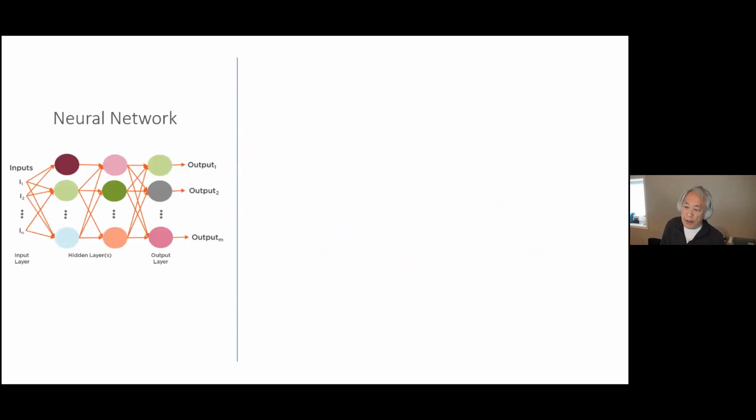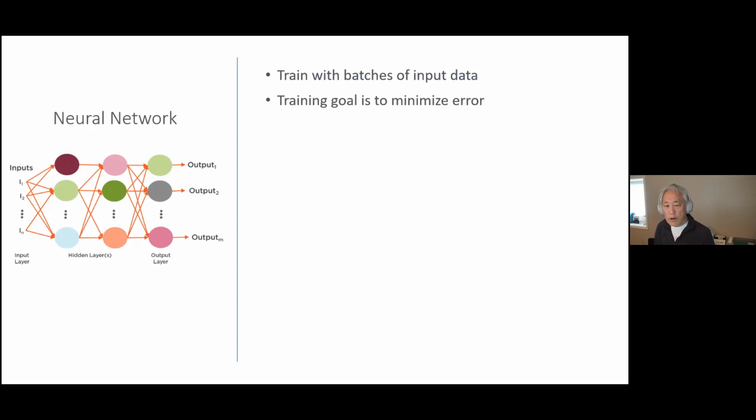So if we put that neural network over to the side, let's talk a little bit about how they work, how we train them. We train them with batches of input data. We might have like 60,000 rows of data. We want to push this through, and we want to adjust those weights as we see different batches of data. How we determine how we adjust those weights is through the training is to minimize error.